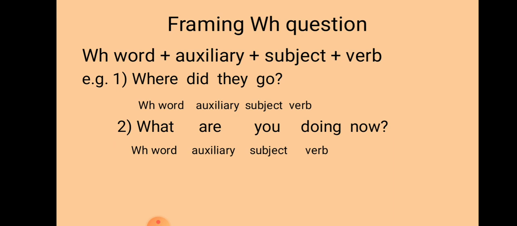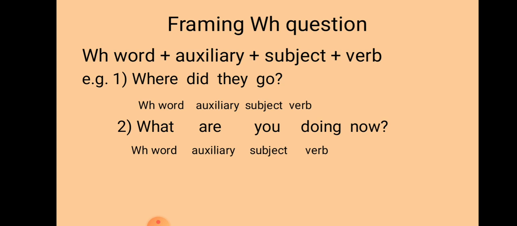Here, where is the WH word, did is the auxiliary, they is the subject in the sentence, and go is the verb. So this should be the order of the words in a WH question, that is WH word plus auxiliary plus subject plus verb.